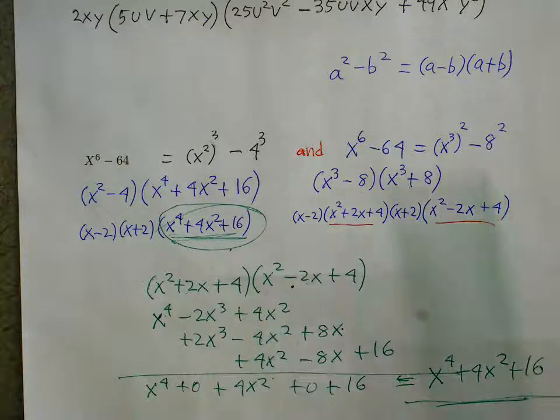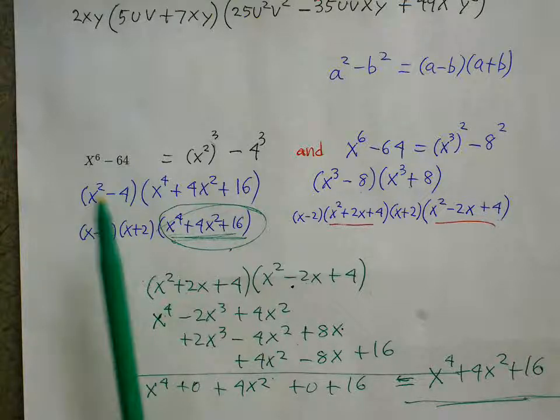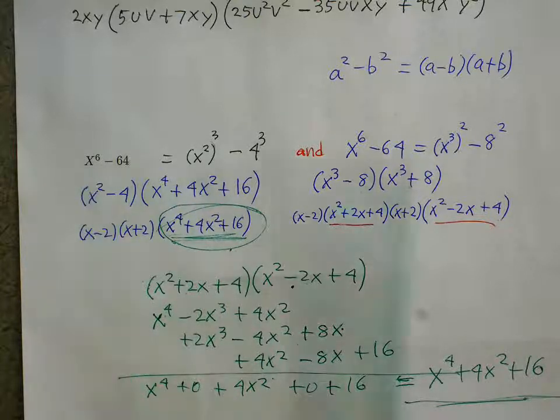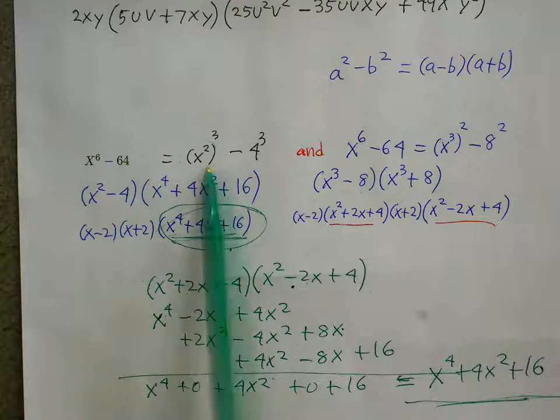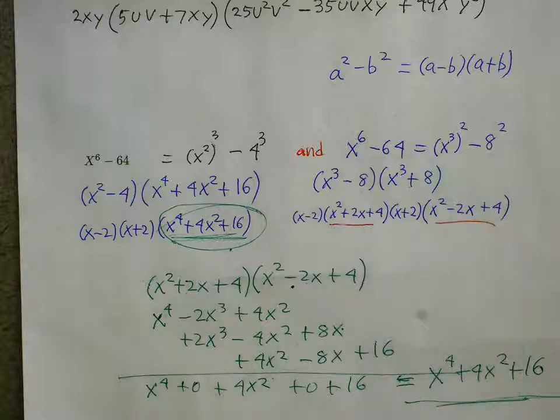So don't worry too much about this. This is a bit of an extracurricular problem. But either way, you should be able to factor it as a difference of cubes or a difference of squares.